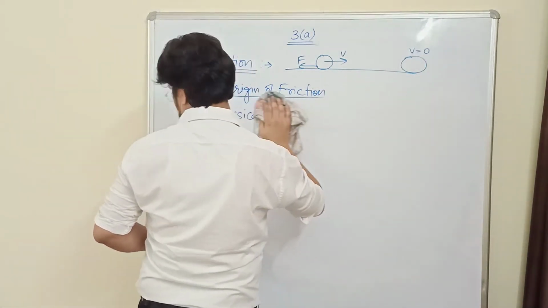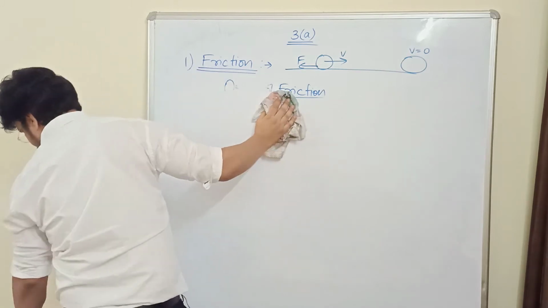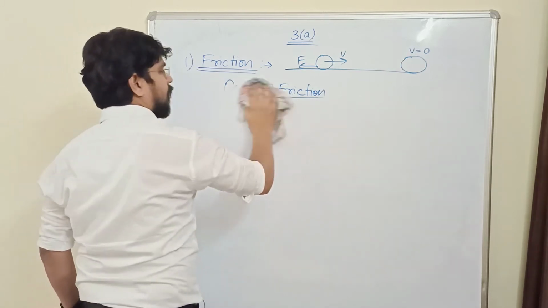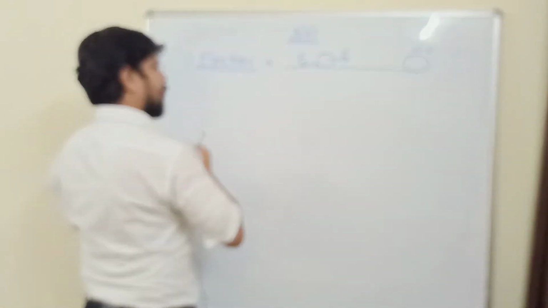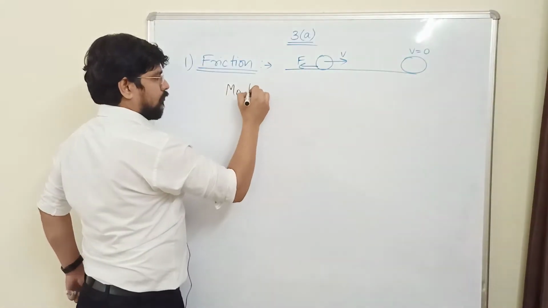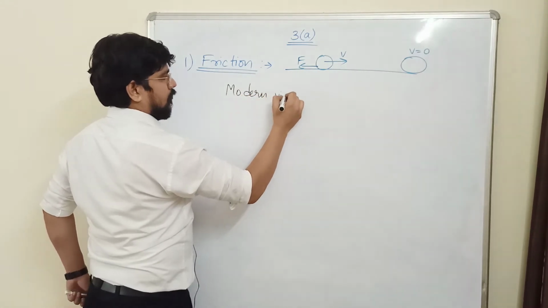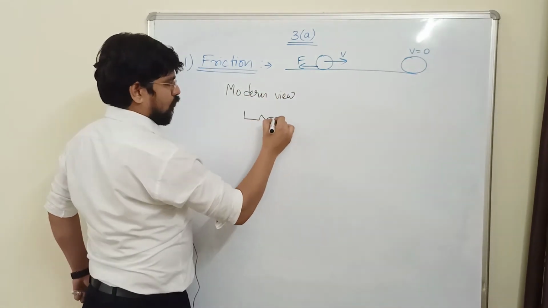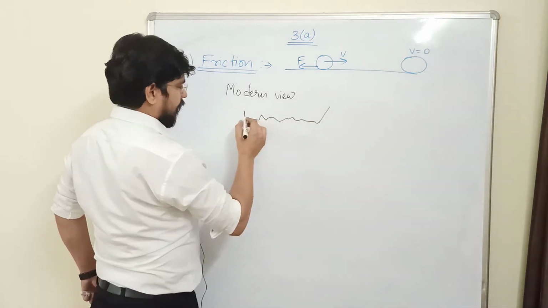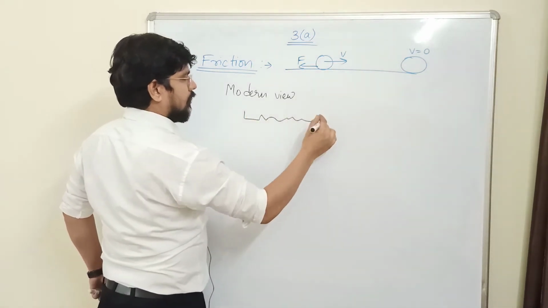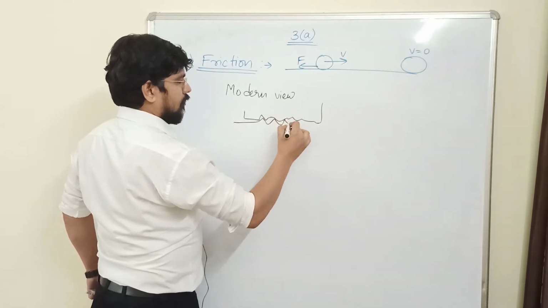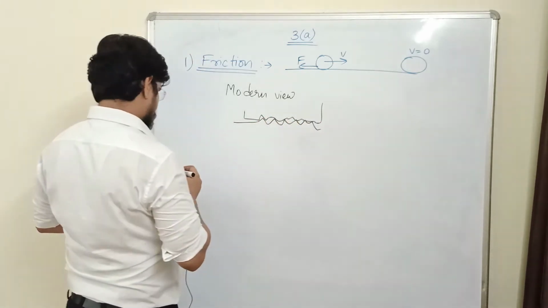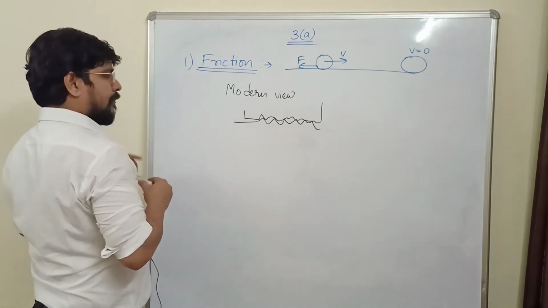Next point in the modern view: rough surfaces are still there, surfaces are not that smooth, and the actual points of contact are very few compared to the apparent area.